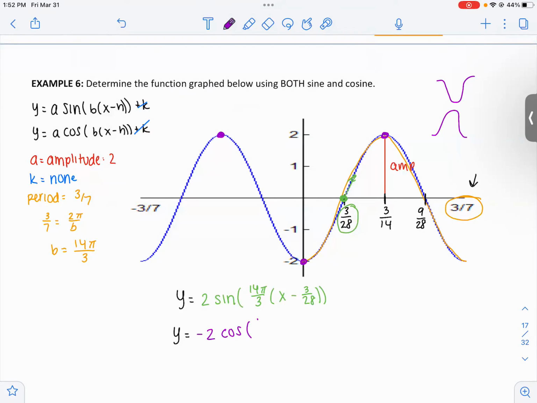But still have cosine, still have 14 pi over 3. And if I flip it right away, do I have any phase shifts to worry about? This point at -2 would actually come up to +2. I would come down, and then I'd go back up, more or less something like that purple one there. And hopefully you're realizing, no, you wouldn't have to shift your graph at all. You could just leave your equation, throw an x in there, and call it a day.